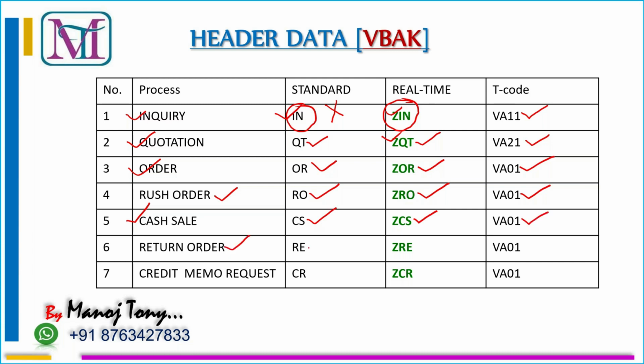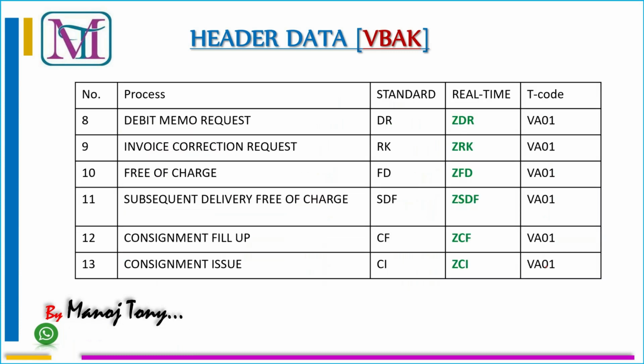Return sales order, RE, new ZRE, VA01. Credit memo request, CR, new ZCR, VA01. Then debit memo, standard DR, new ZDR, VA01.